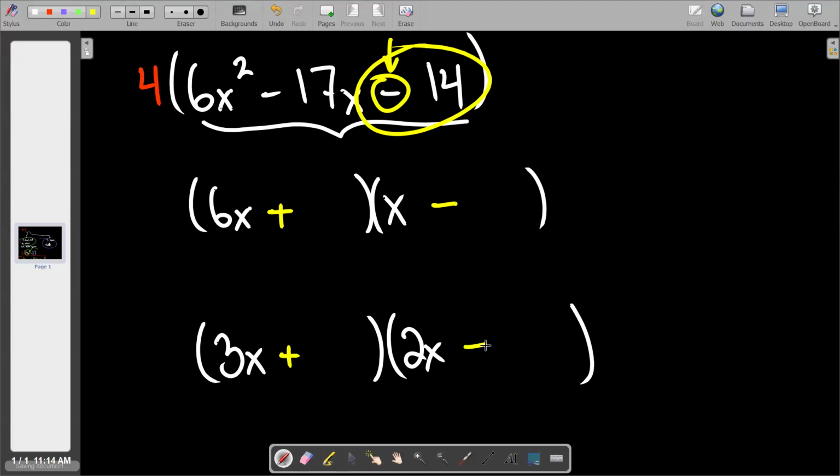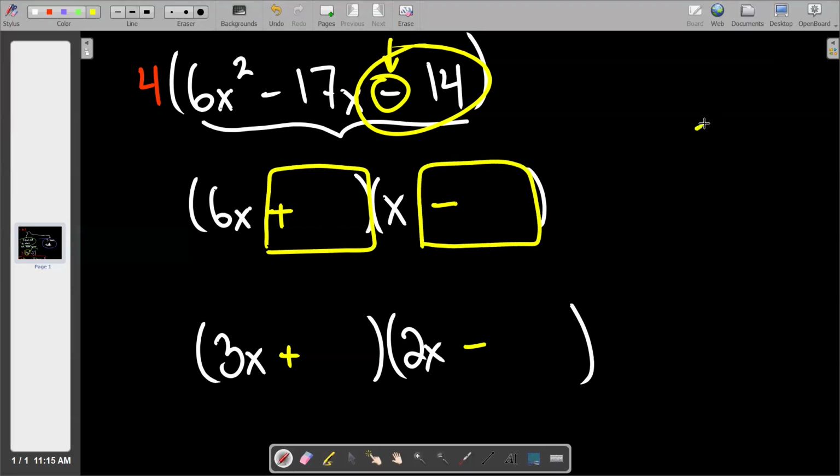Well, I thought the 14 tells you that. It tells me that there's one of each because he's a negative 14, right? And the only way for these 2 numbers in these big yellow boxes to multiply to make negative 14 is a positive times a negative, right?